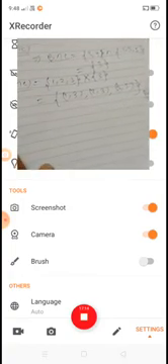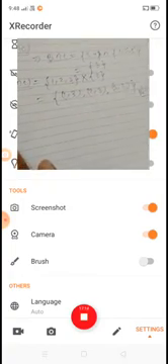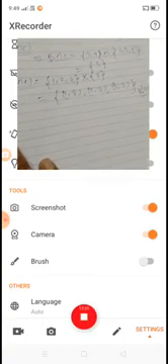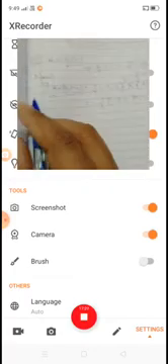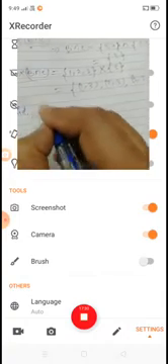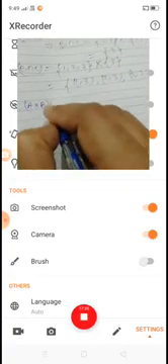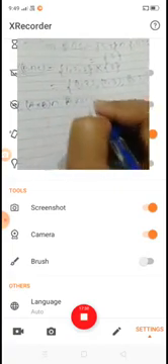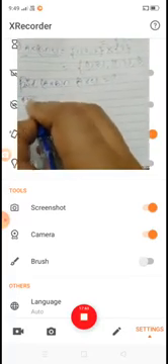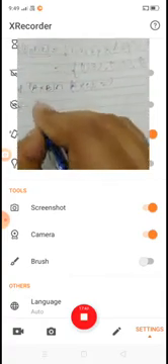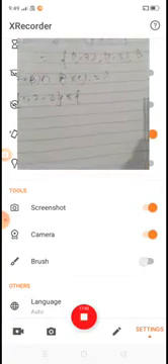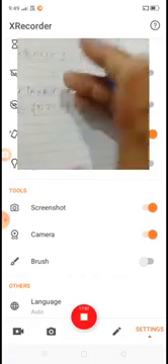Now in the third question, we find A cross B intersection A cross C. Now first of all we find A cross B. So the value of A is {1, 2, 3} cross, and the value of B is {3, 4}.